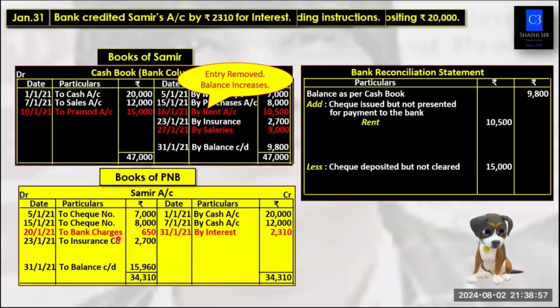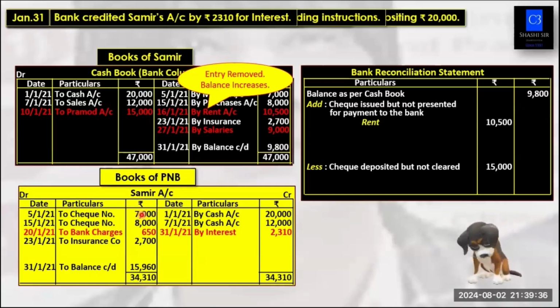Now we will look at these two entries, bank charges and interest. We have to make entries in the bank reconciliation statement for these two items also, bank charges and interest. In the case of our books, that is cash book, the extra entries which were not found in the passbook were removed.